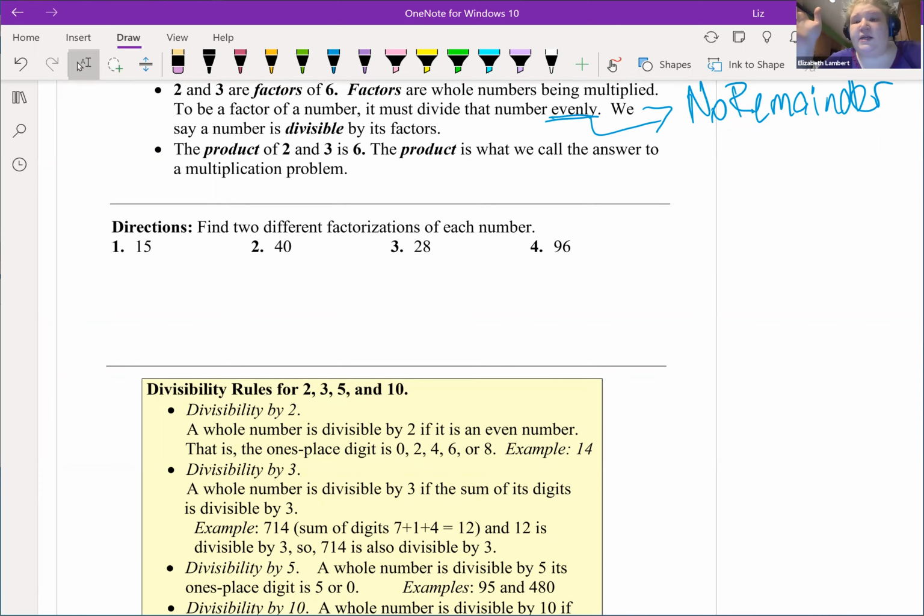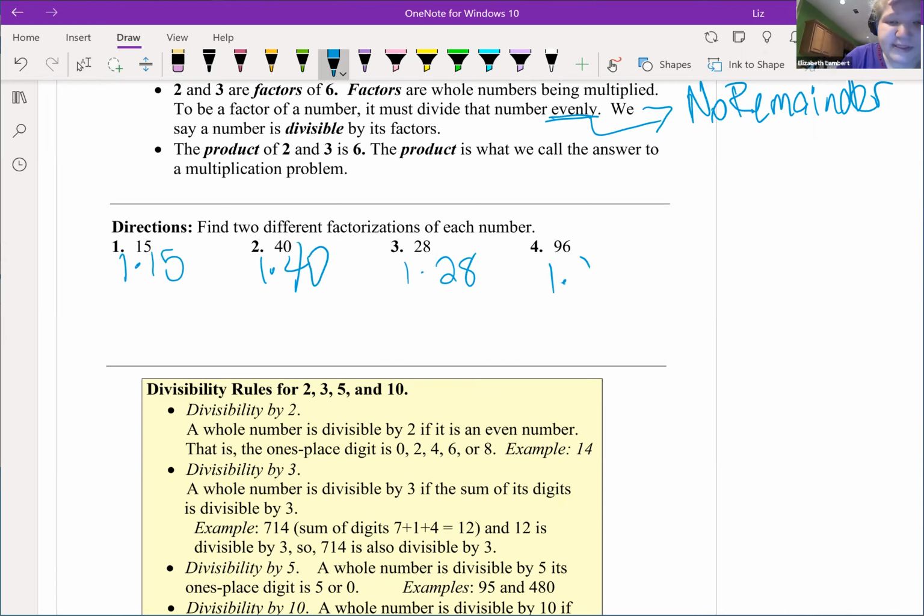You always get 1 and the number itself. That is always a factorization. It's kind of like the boring, but it's also like a gimme, so yay. So 1 times 15, 1 times 40, 1 times 28, 1 times 96. But that's a little boring.